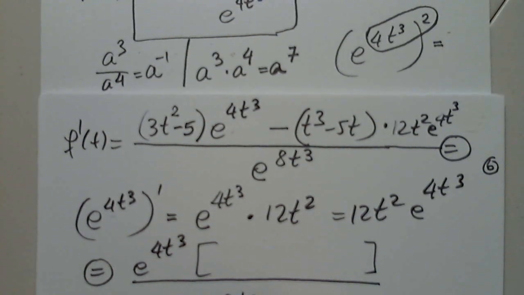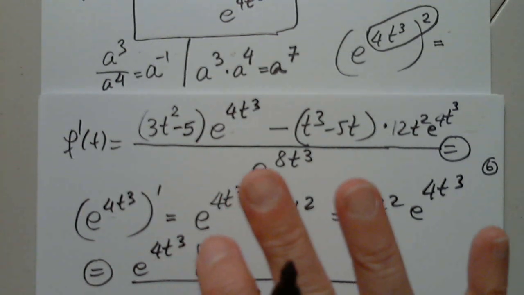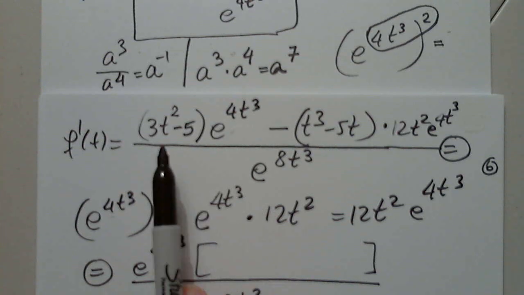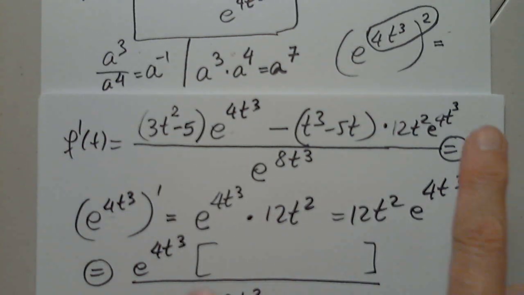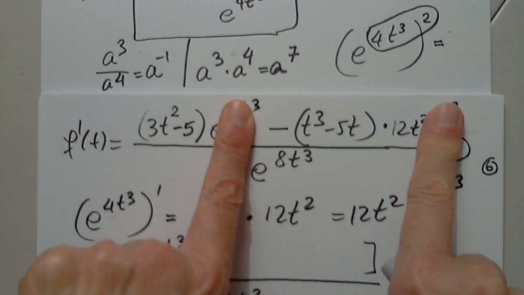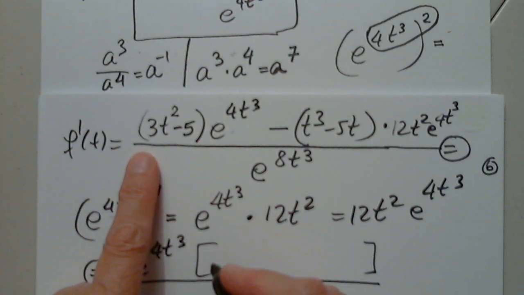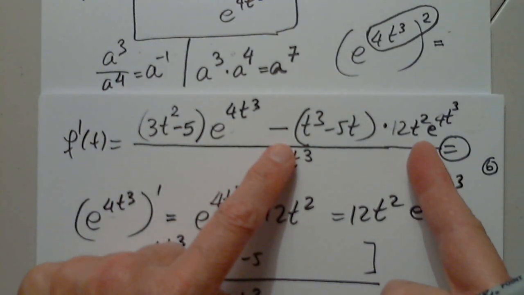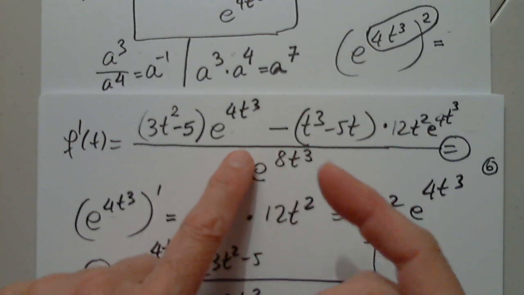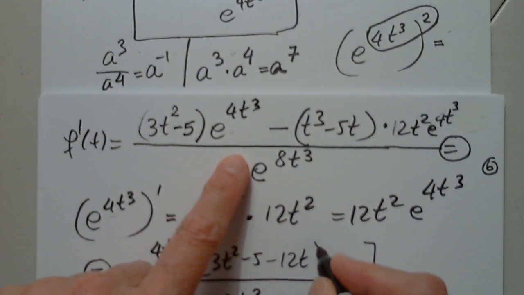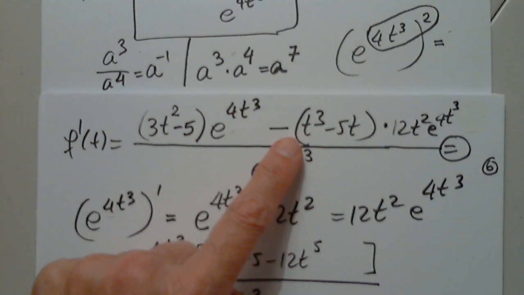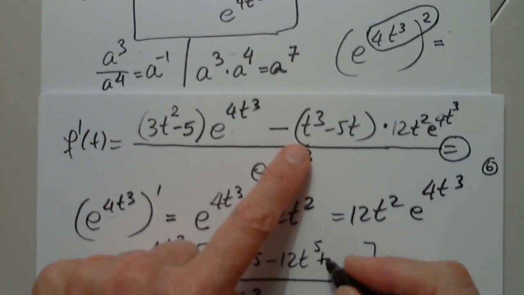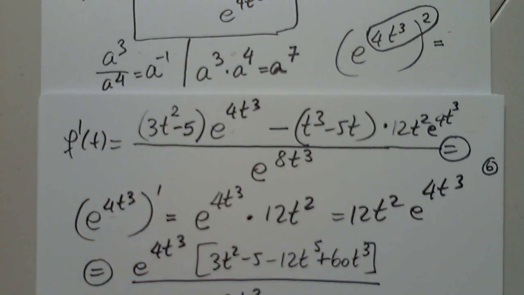E to 8t cubed, and we're going to simplify in a minute. So these two are out, but I still have 3t squared minus 5, and I have 12t squared times t cubed, which is negative 12t to the fifth. I'm adding exponents now, and then plus 60t to the third.